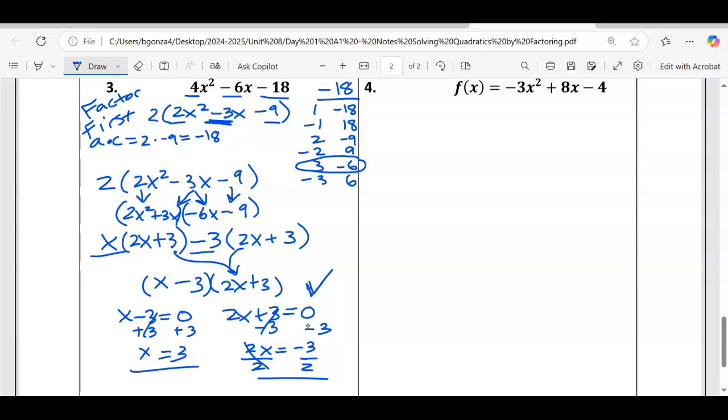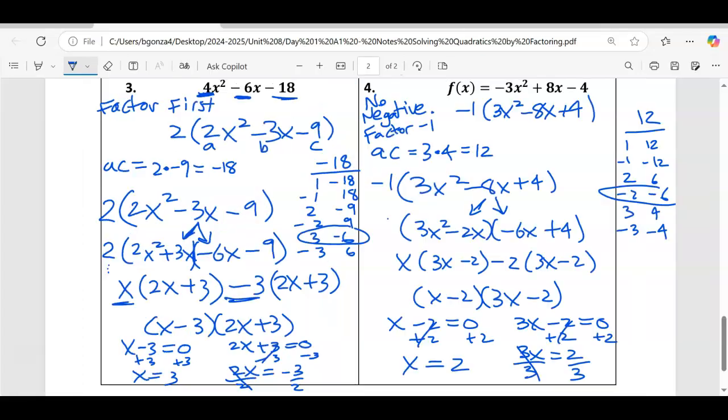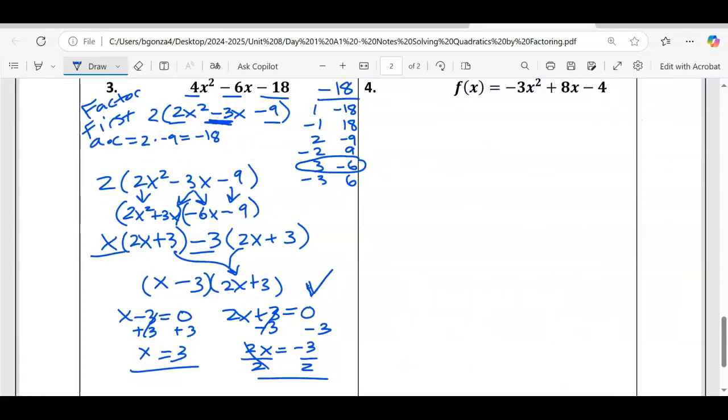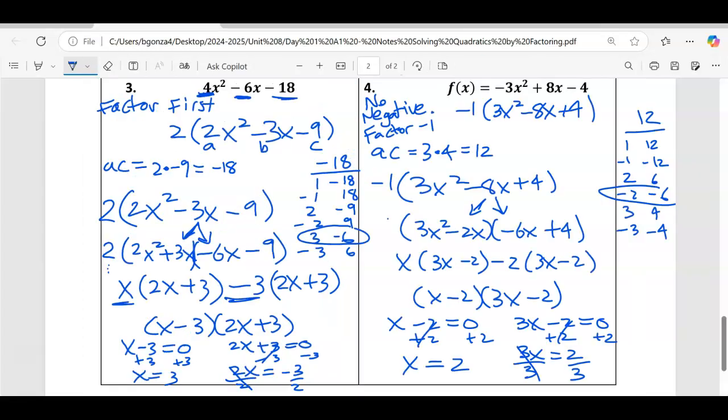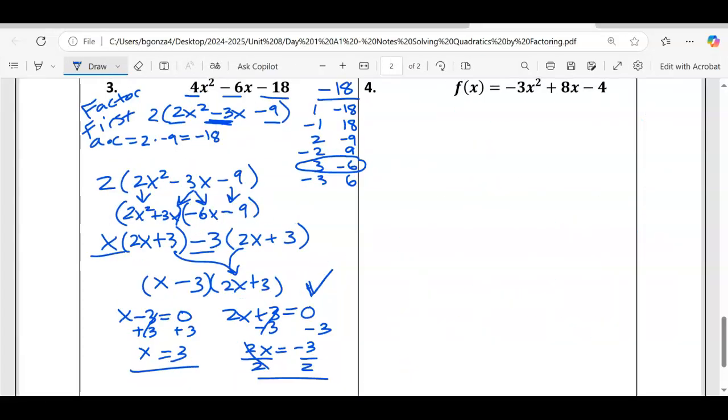Now the only other thing you might have to do is like on number 4. So one other little note that I want to make sure you know is that you can have no negative a factor. Your a cannot be negative right here.